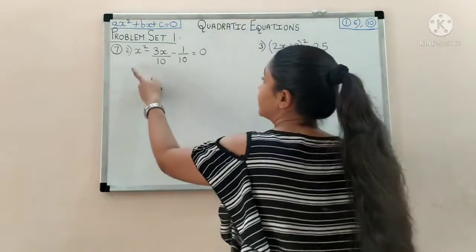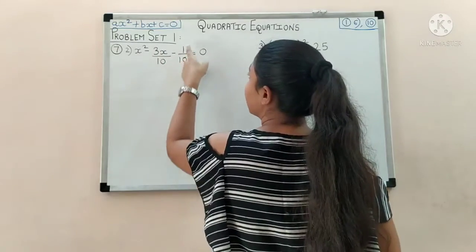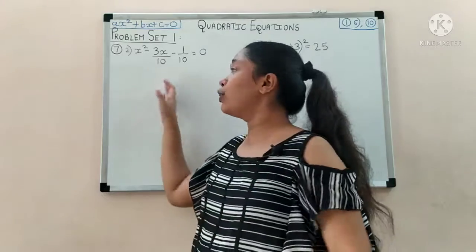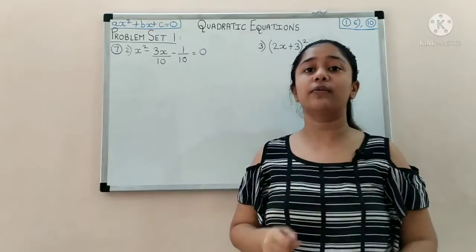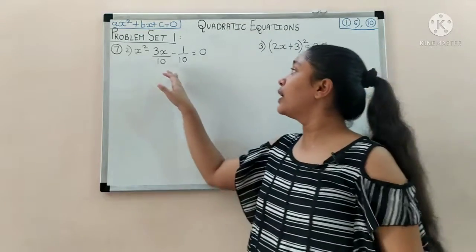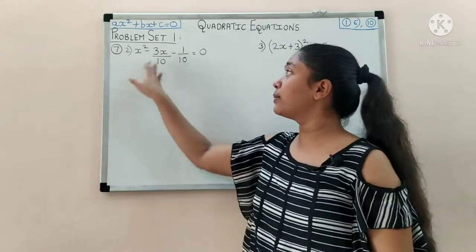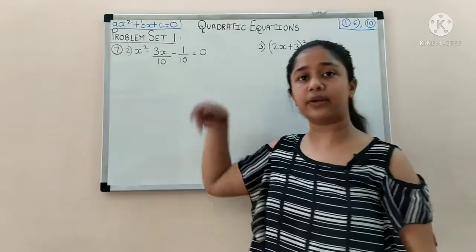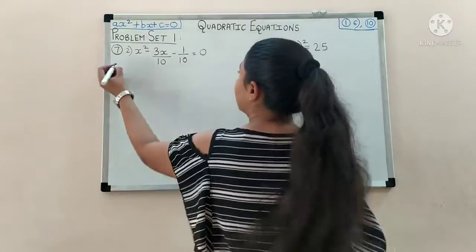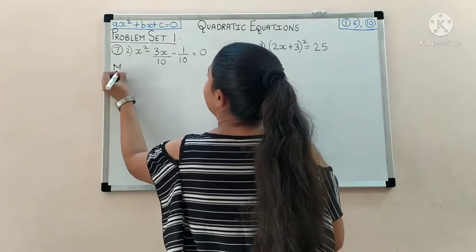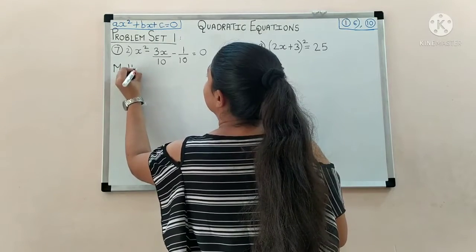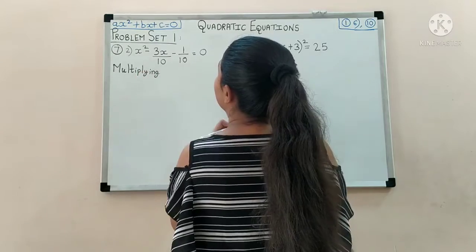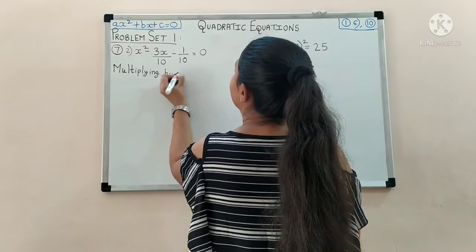So it says x square minus 3x upon 10 minus 1 upon 10 is equals to 0. So first of all, we will have to simplify that. I have told you many times that whenever we solve an equation, we don't want any number in the denominator. So we'll multiply the whole equation by the same number given in the denominator, so we'll multiply by 10. So you can write multiplying by 10.